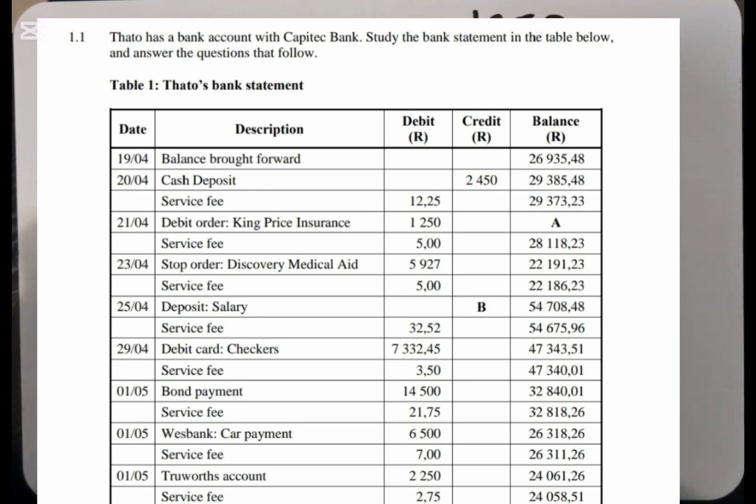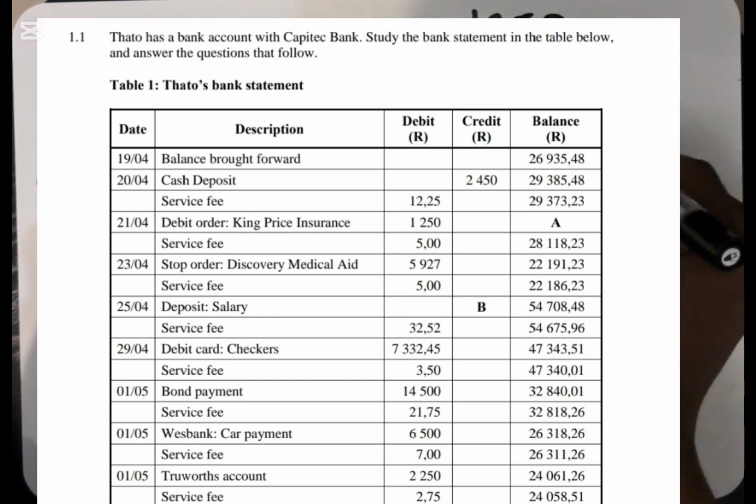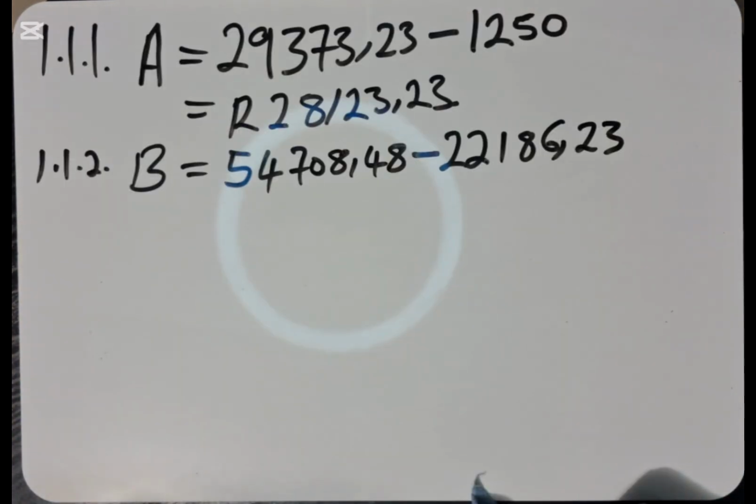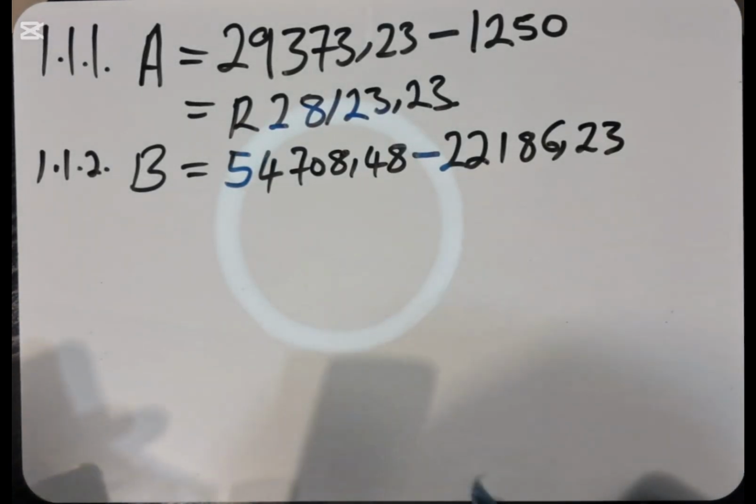So we are going to say the current balance, which is 54,708 and 48 cents, minus the previous balance, which is 22,186 and 23 cents. This is how you calculate the value of B.